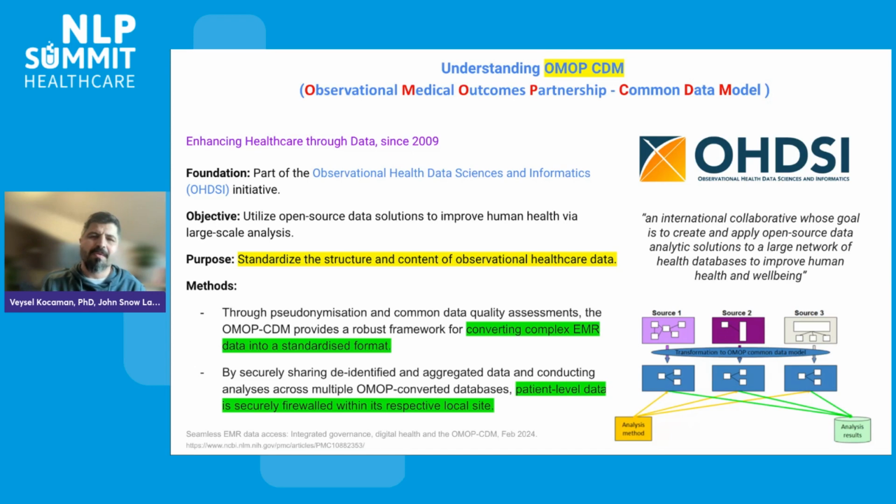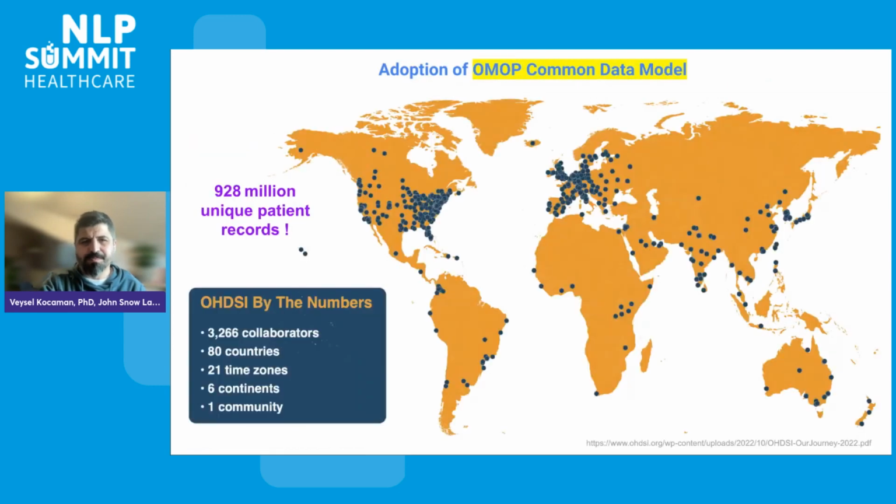In short, the idea in the OMOP format is to convert complex EMR data into a standardized format so that it could be used on a patient level across different institutions.